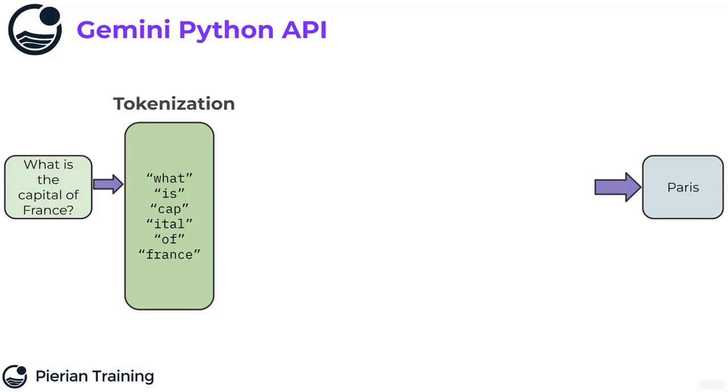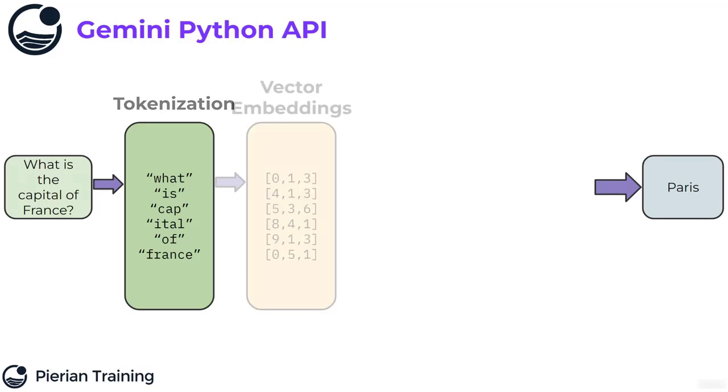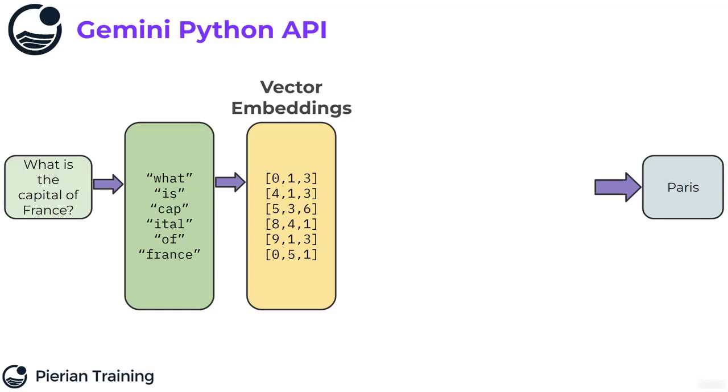Once we have the tokens, the trained model is going to convert those into what are known as vector embeddings. Clearly, there's a lot of math going on inside of the Gemini large language model, and you can't multiply or divide words. You can't say something like, what's France divided by Paris? So in that case, we're going to need to have a mathematical representation of the tokens.